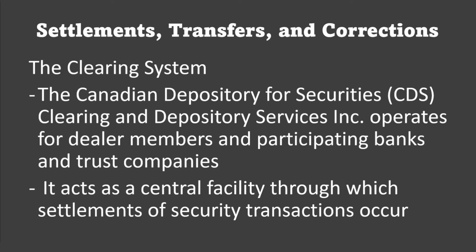You also have settlements, transfers, and corrections. So the clearing system, which is the Canadian Depository for Securities, or CDS, operates for dealer members and participating banks and trust companies, and it acts as a central facility through which settlements of security transactions occur.